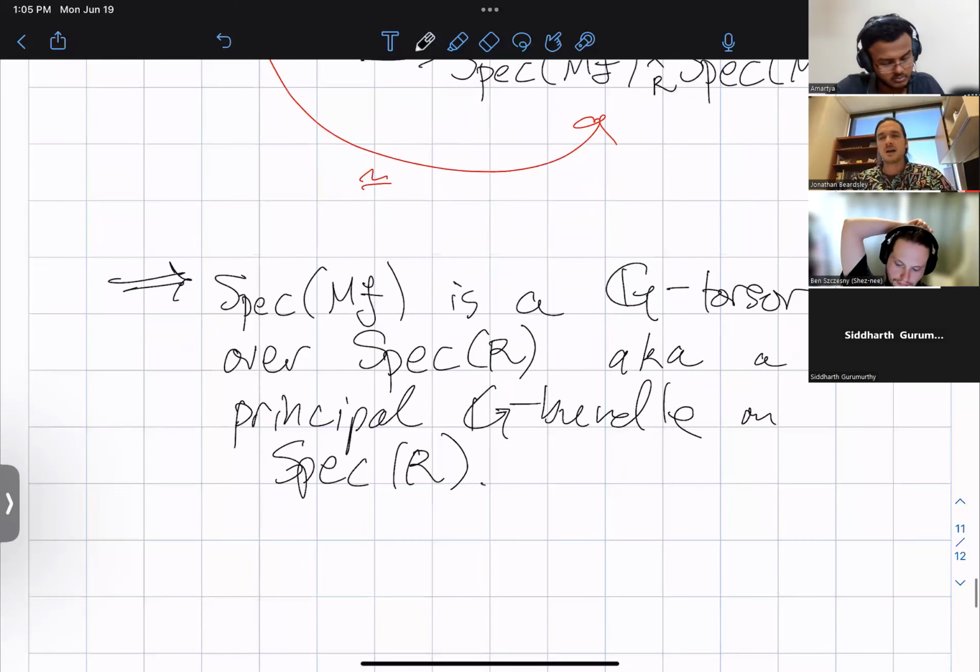So when you take Tom spectra, you're going from one kind of bundle to a different kind of bundle.